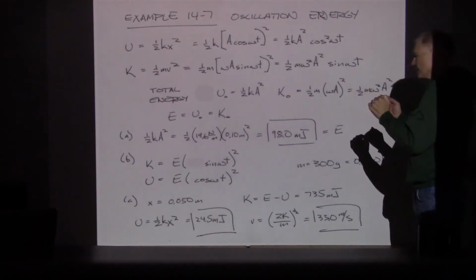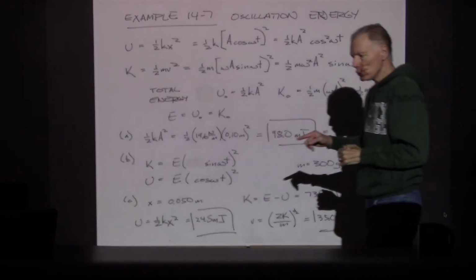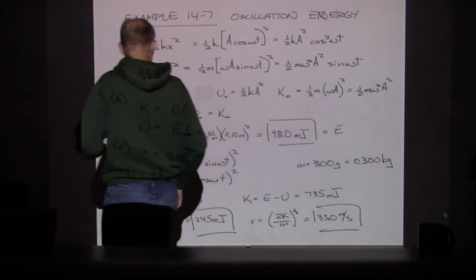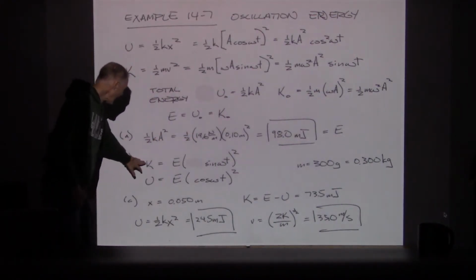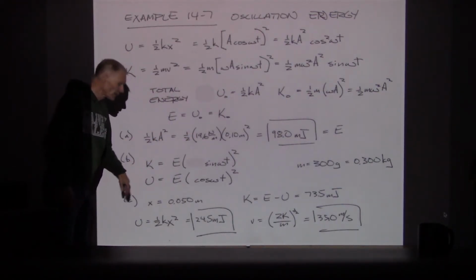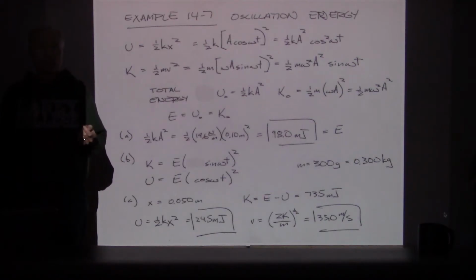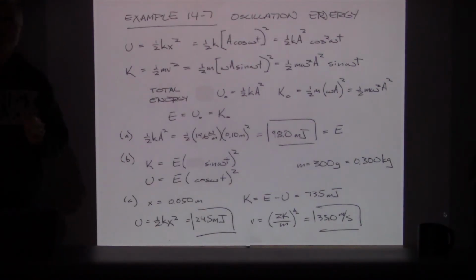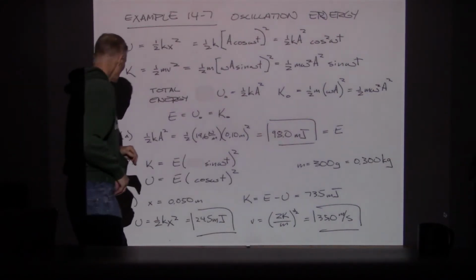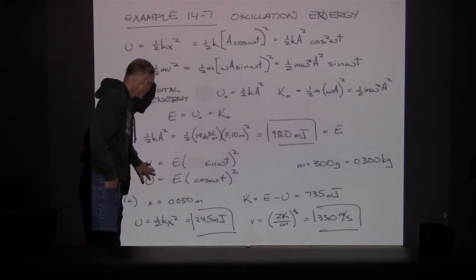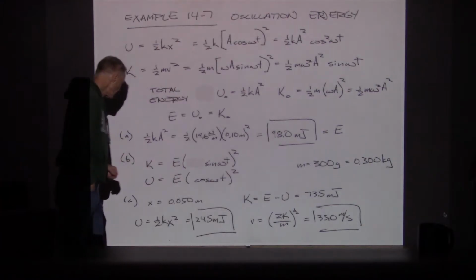And then I can see, if I add k and u together, what do I get? If I add the kinetic energy and the potential energy together at any instant, that would be adding together a sine squared and a cosine squared. That's going to be 1. And so it tells me that the total energy will be constant.